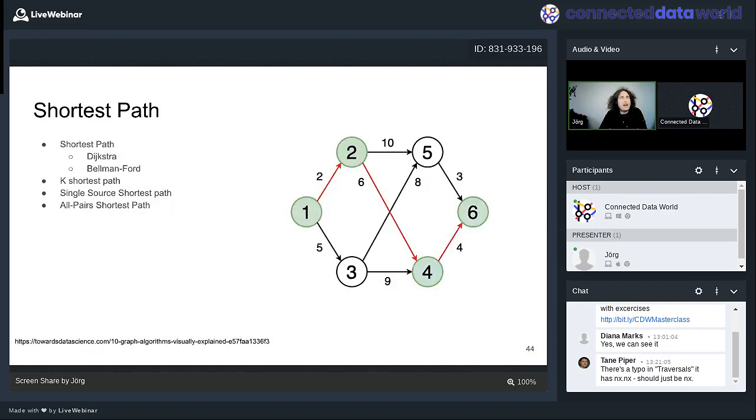Single source shortest path, where I identify from node 1 the shortest path to all other nodes, or even the all pair shortest path, where I want to see the shortest path between all pairs of nodes. And here, obviously, improved algorithms exist compared to computing n times n minus 1 shortest paths between all nodes individually.